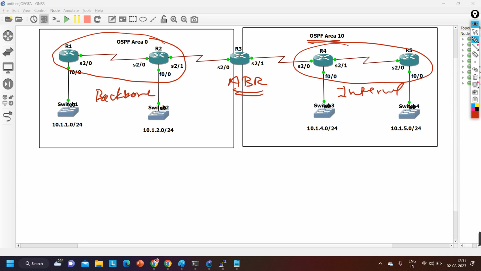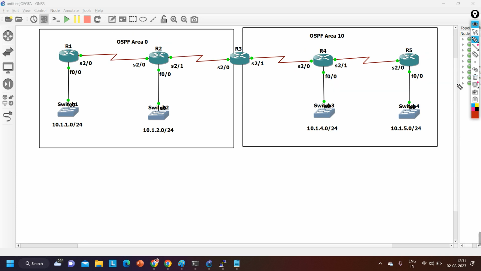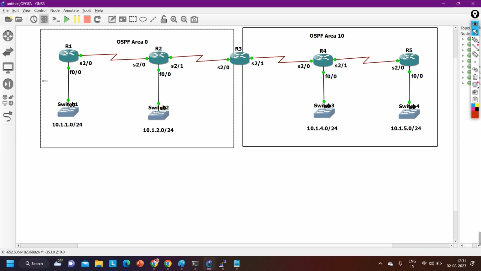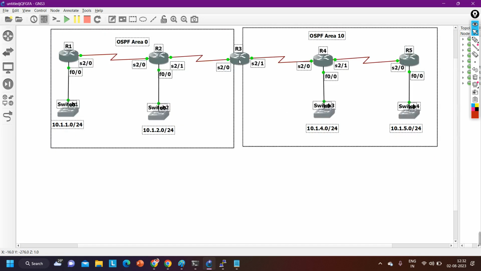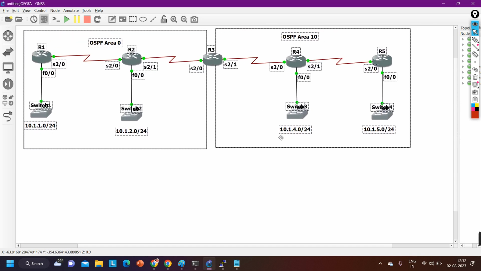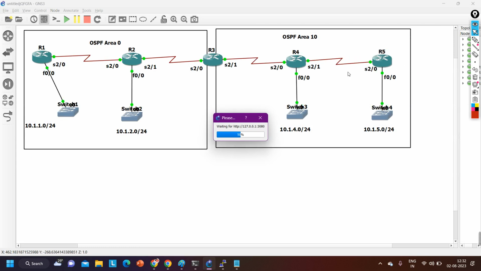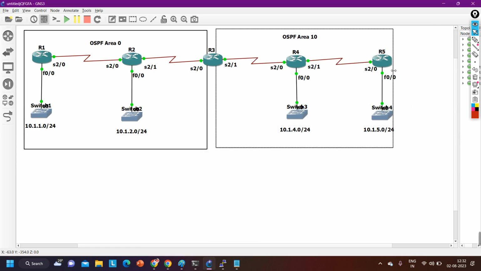Now I am going to do one thing, guys. This is area 0, and let's say here there is one small organization using some other routing protocol.